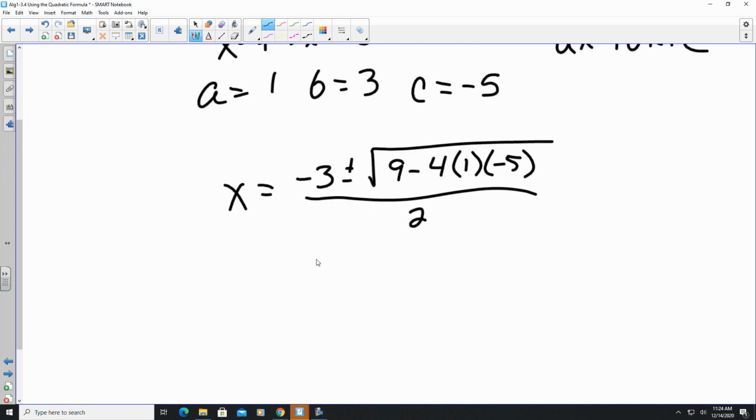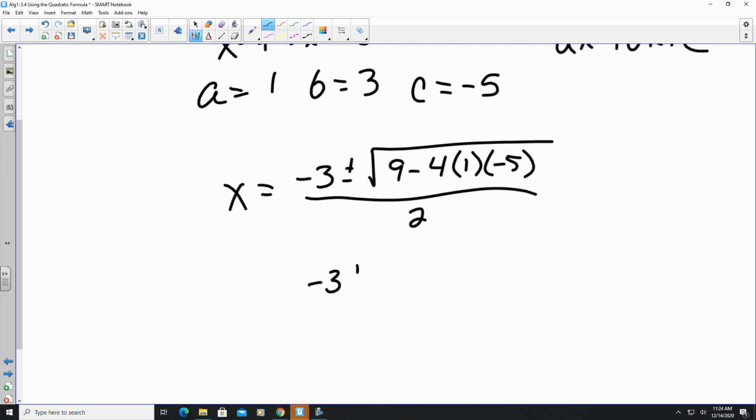I like to make sure everything gets solved inside the square root before I do anything on the outside. I exclusively solve things inside the square root before I do anything else.